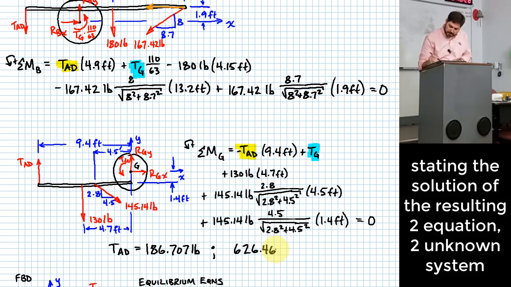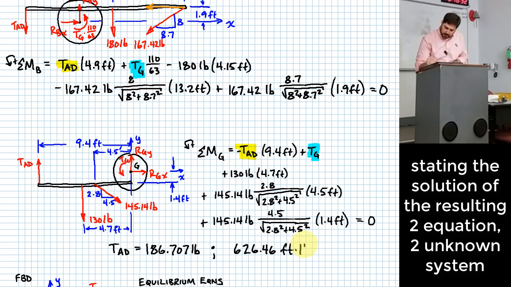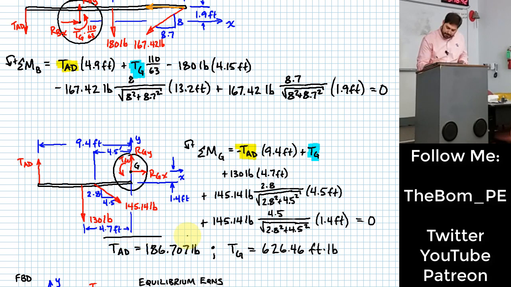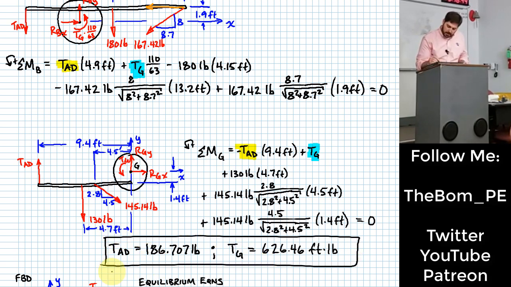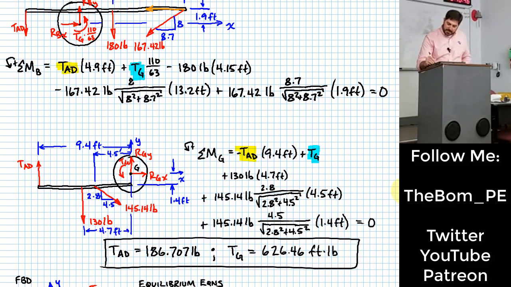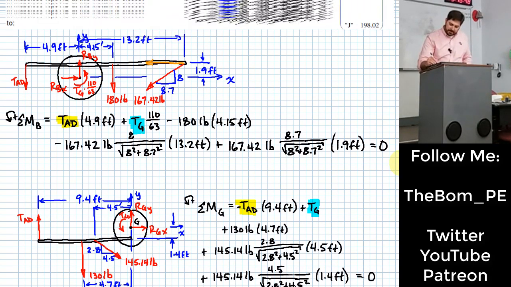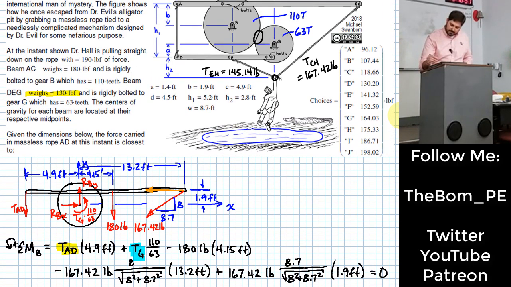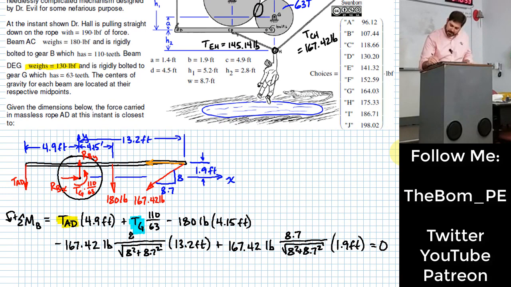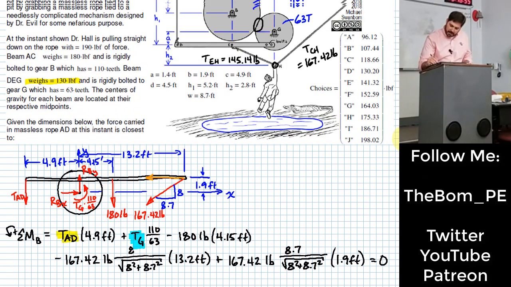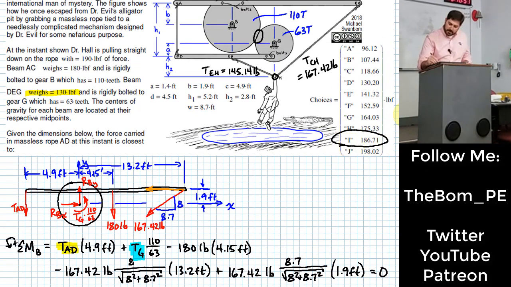I'll just say 0.46. And this will be in foot-pounds. And this is our value for TG. Okay. So we go up and we see if that's one of our choices. Looks like it's close enough to being choice I right there.